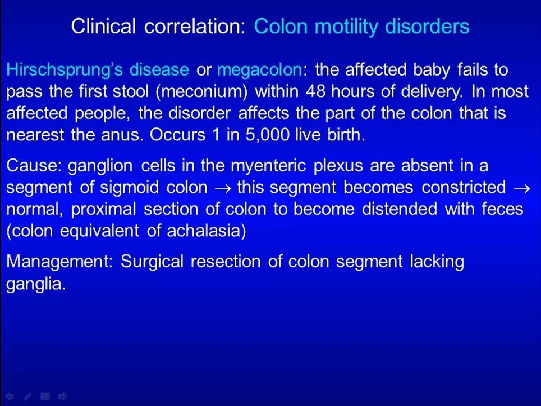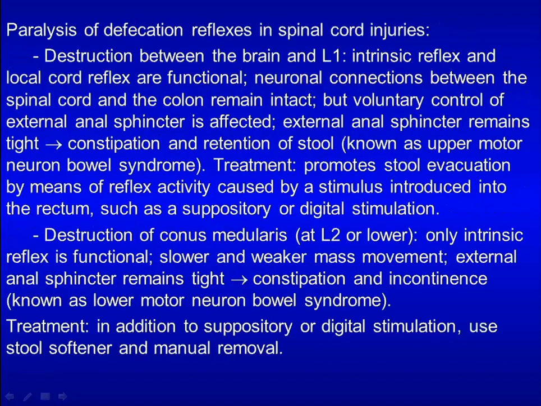This segment becomes constricted. This leads to buildup of feces in the normal proximal section of the colon. This is a colon equivalent of achalasia. Management typically requires surgical resection of the colon segment lacking ganglia.